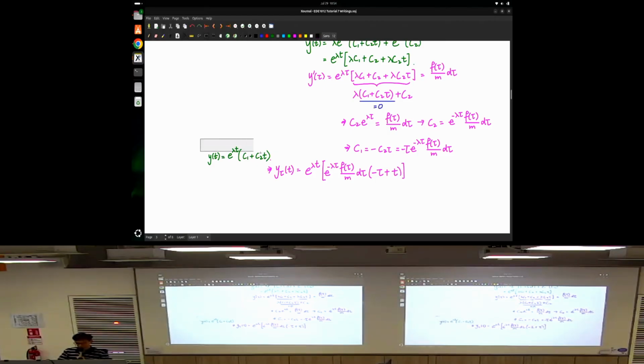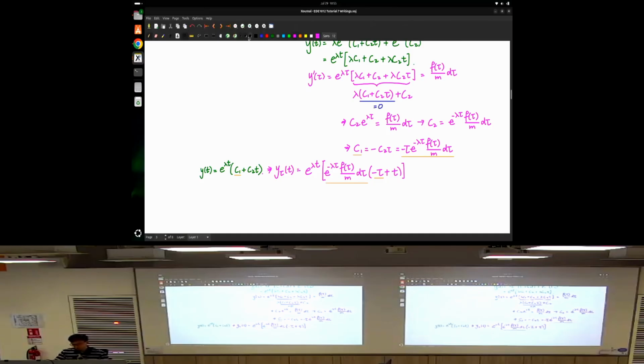Following? It comes from this guy. I underline: this one is c1, c1 is this guy, so c1 here is this times minus tau. Then your c2, because it's c2 t, is just this thing times t. Can you see, right? Let me write it a little bit neater.